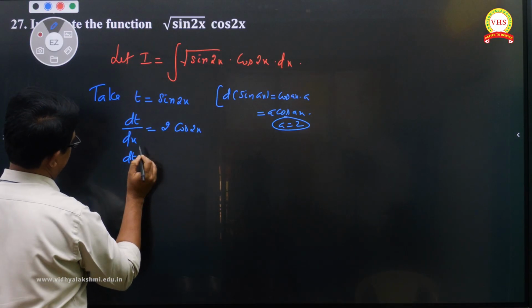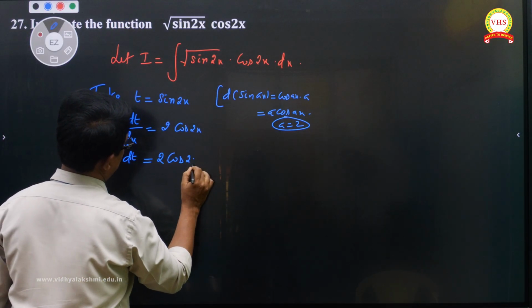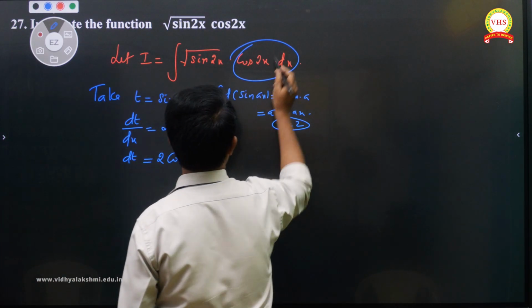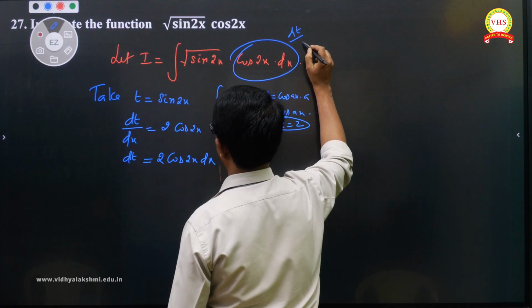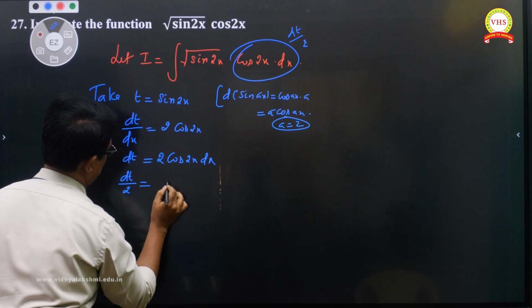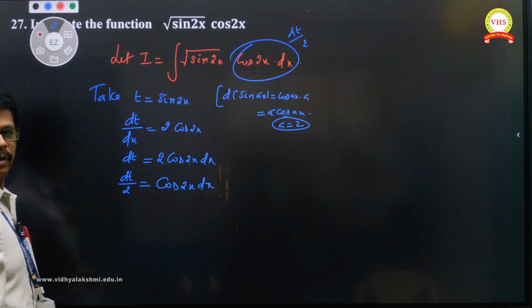But look here, only cos 2x into dx is present, while 2 is multiplied. That means dt divided by 2 equal to cos 2x into dx. Are you okay now? Any doubt?